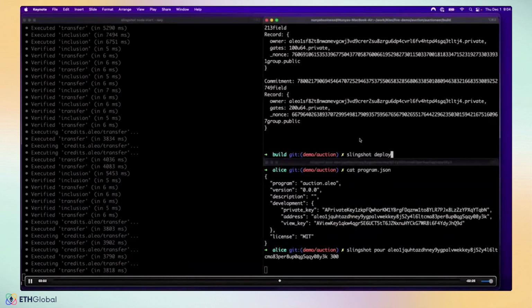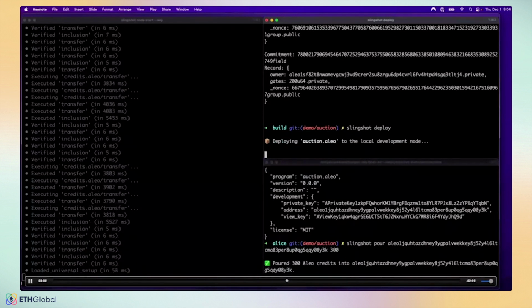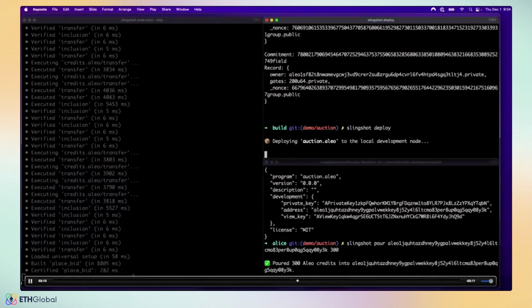So on the auctioneer side, we'll first deploy the program. And this is done by invoking Slingshot deploy. And as you can see, once we've invoked that deploy transaction, a bunch of stuff starts to go on inside the local node. It starts to read the program, create a mathematical representation of it, and store that on-chain, or in this case, on the single node.